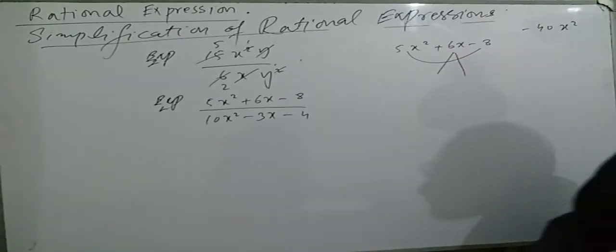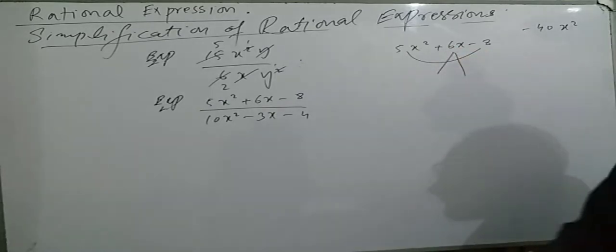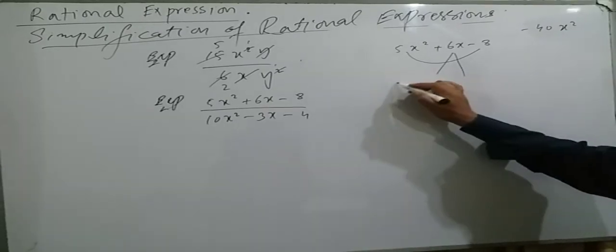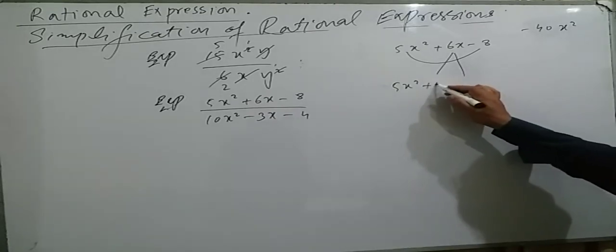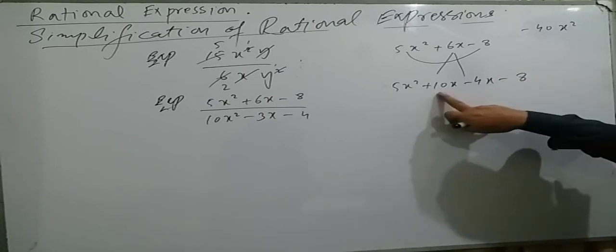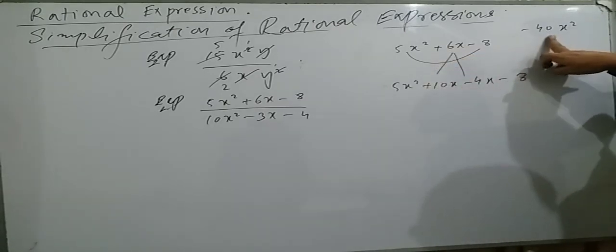Then make two parts of the midterm. The addition or subtraction of those parts should give you the midterm, and the multiplication should give you minus 40x square. So 5x square plus 10x minus 4x and minus 8. 10x minus 4x is 6x. 10x multiplied by minus 4x gives minus 40x square.